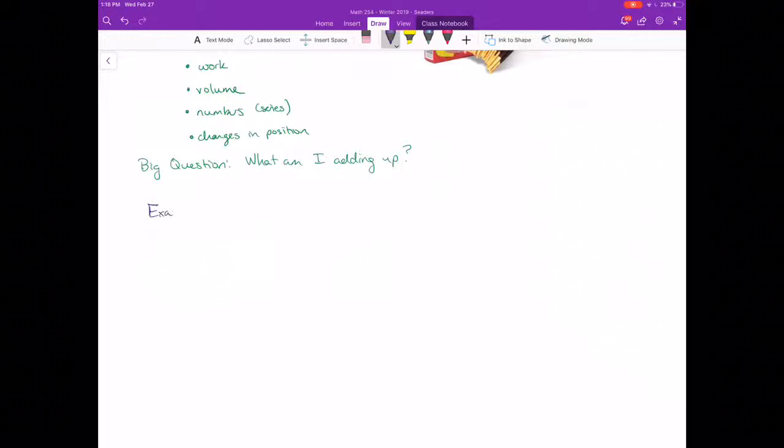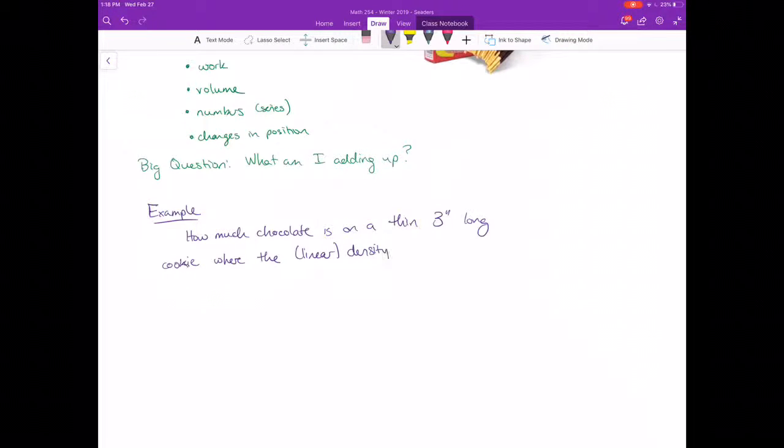And the example is, how much chocolate is on a thin 3-inch long cookie where the linear density of chocolate on the cookie is given by, I'm going to use sigma instead of rho because rho is reserved for something else later on.